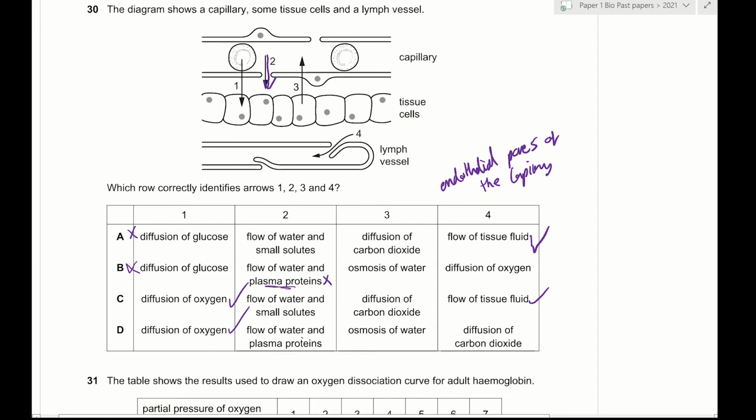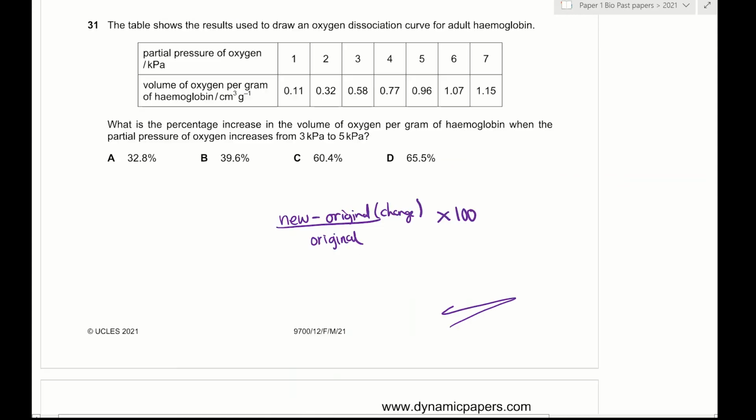Therefore, plasma proteins are going to be incorrect. Same with 3 here. Here it says osmosis of water. This does not happen. And diffusion of carbon dioxide. This is correct because it's the waste metabolite of tissue cells. Therefore, the answer that seems to be correct is going to be C.